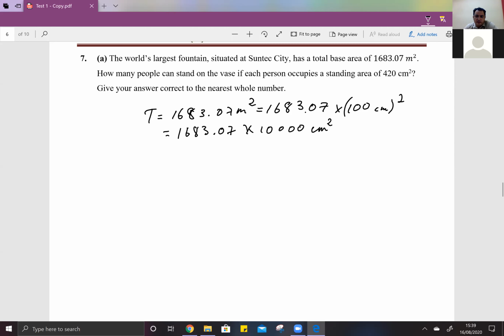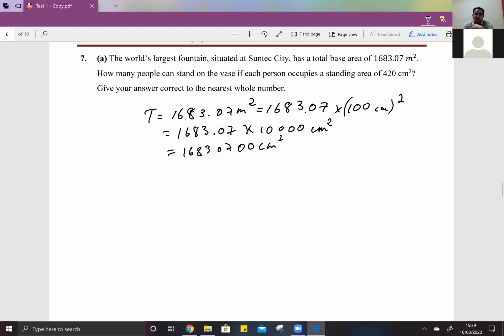Okay, now we can multiply this. So that's equal to, what is it? 1683.07 and 2 more zeros. No, you're multiplying by 10,000, right? That is, we have 4 more zeros. Okay, good. So give your answer correct to the whole number.